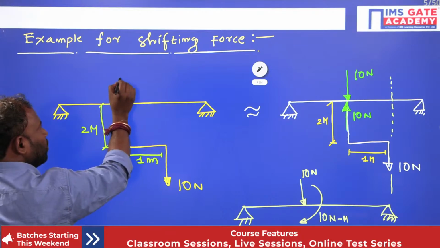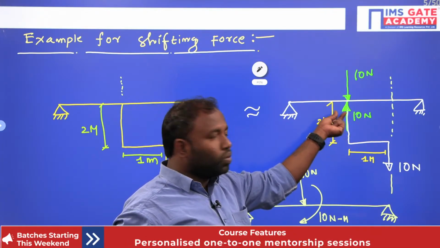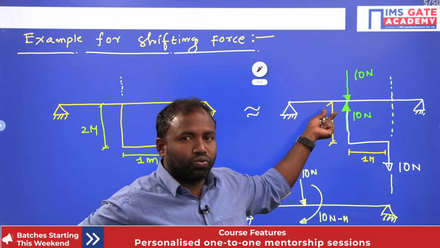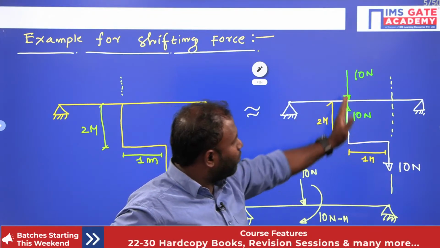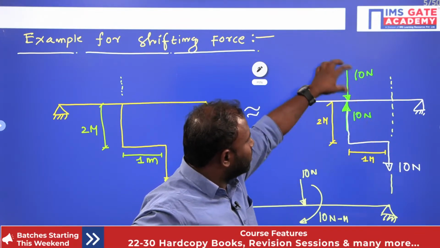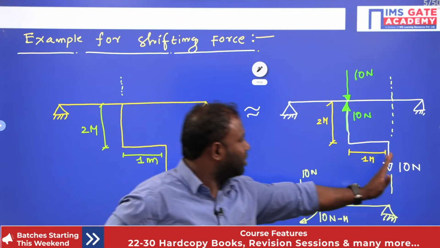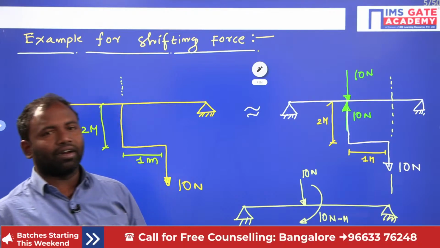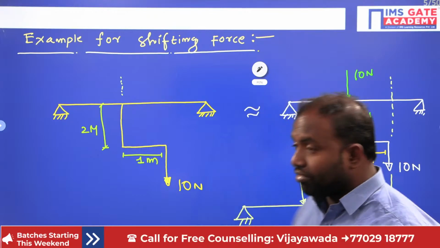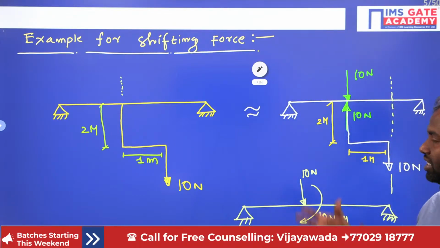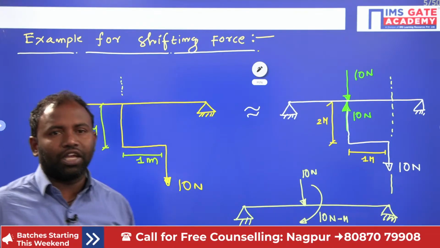For that case, I applied two forces equal in magnitude and opposite in direction, and the upward force and downward force create a moment. So I shifted my 10 Newton force here. Okay, hope you understand. I hope I have simplified shifting a force other than its line of action with this example. Hope you understand, everybody. Please do respond, guys. Thank you very much.